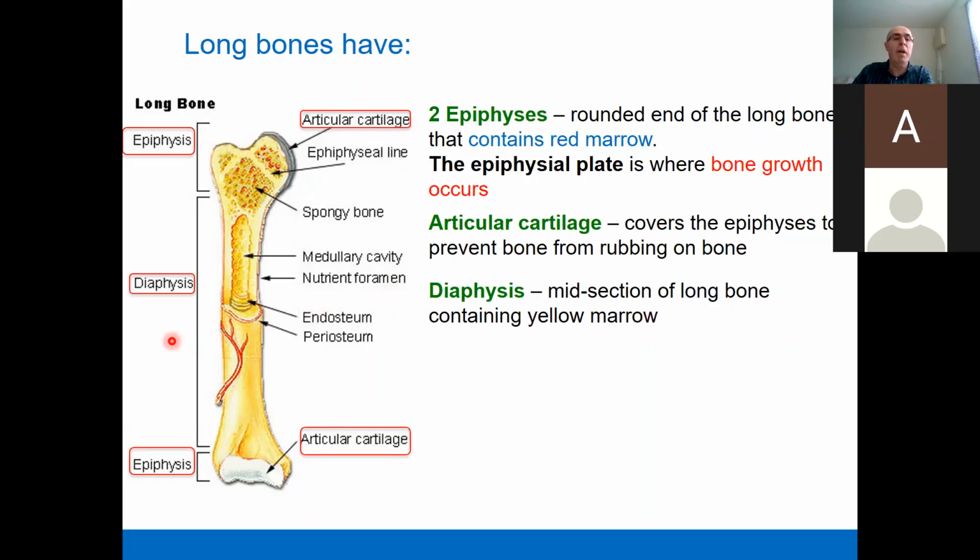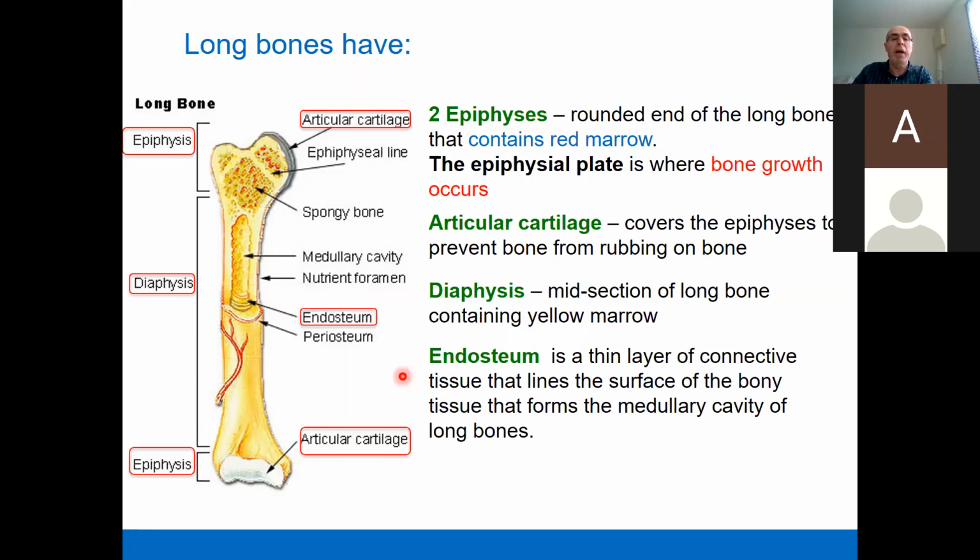And we have the diaphysis, the midsection of the long bone, which contains yellow marrow, as we see here. And we have the endosteum, a thin layer of connective tissue that lines the surface of the bone tissue to form the medullary cavity of long bones. Here we see the medullary cavity surrounded by endosteum.